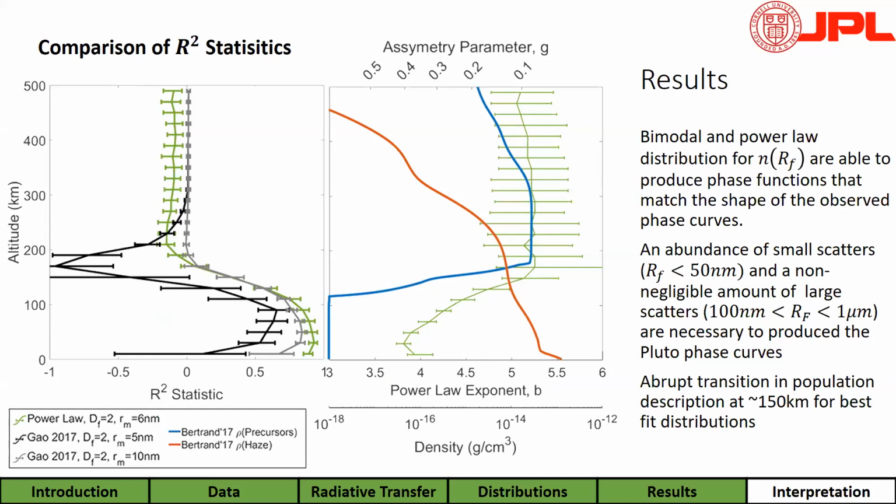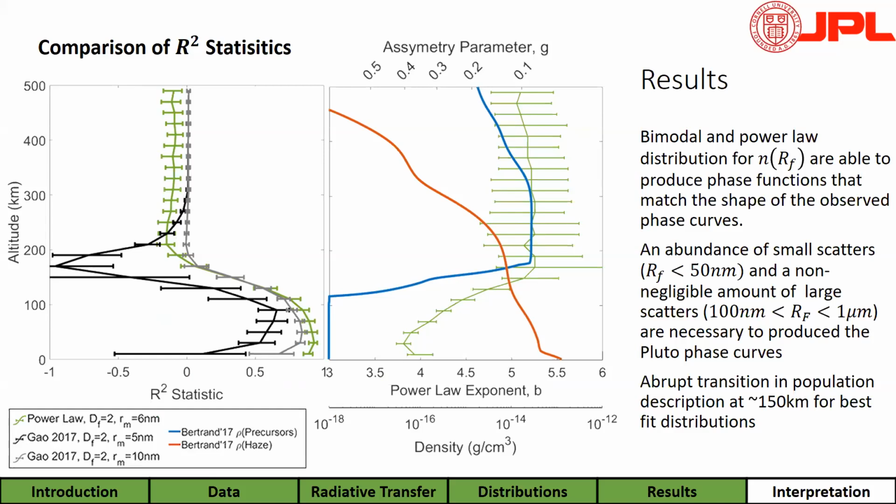Now I'm going to talk a lot about the power law distribution because that has fewer free parameters for us to work with. And then I'll also be comparing that to the published data from Gao. So what you can see over there on the left is another statistic for determining the quality of our fits.